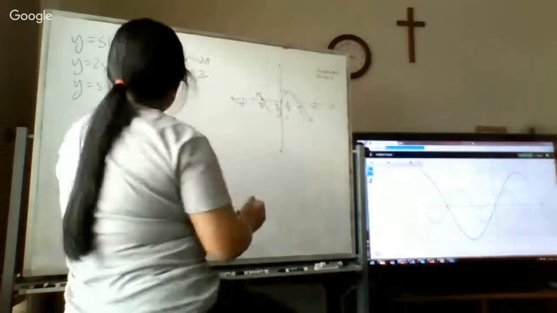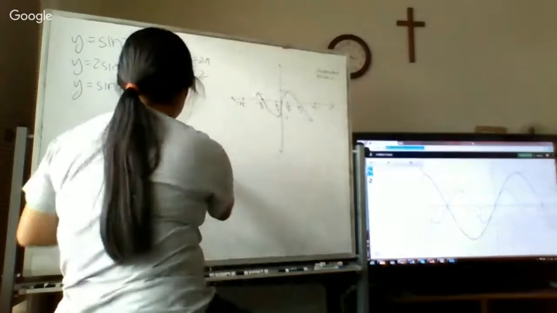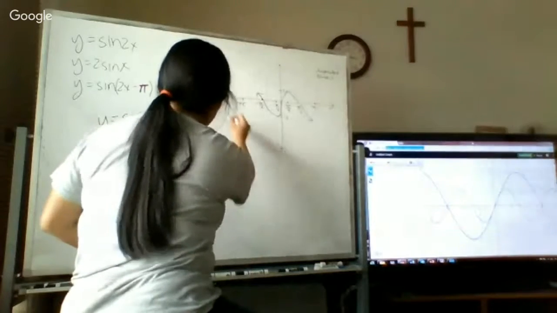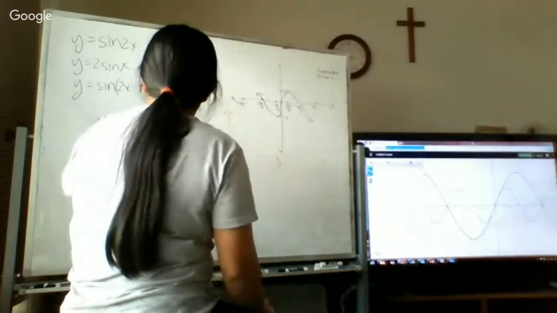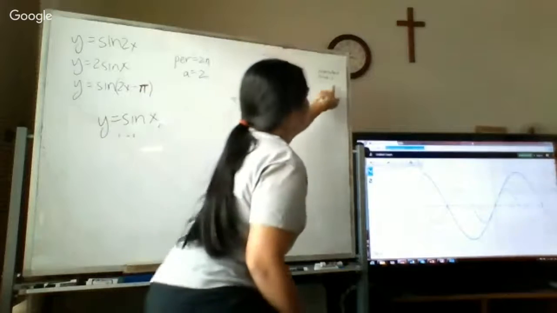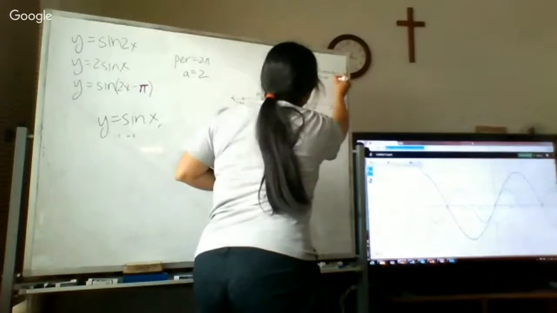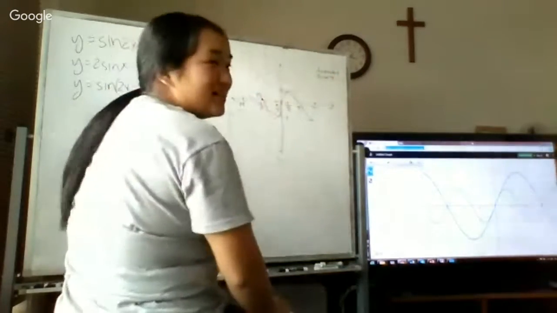When I look at this, I can think of this in one of two ways. So, I know that the period is pi. You made the same mistake as me. So the period is pi, right?